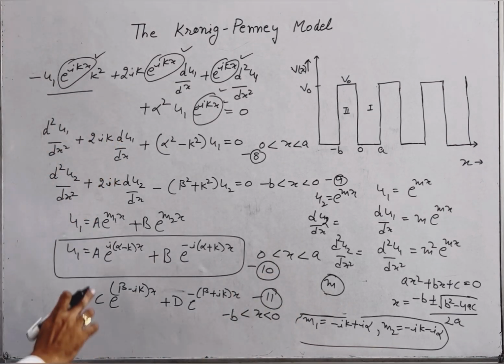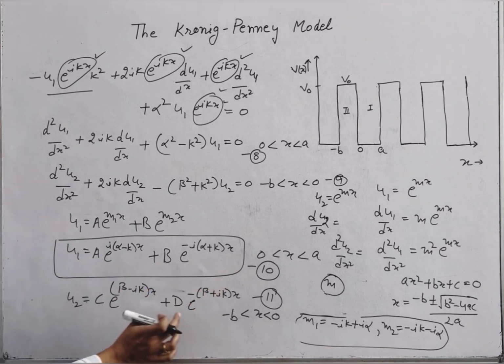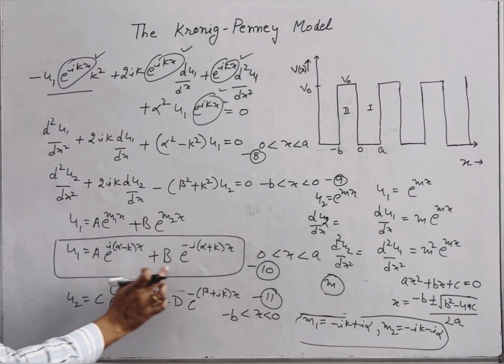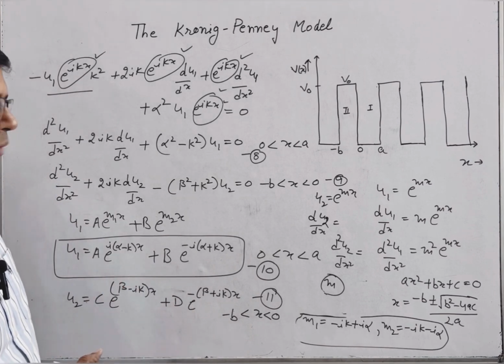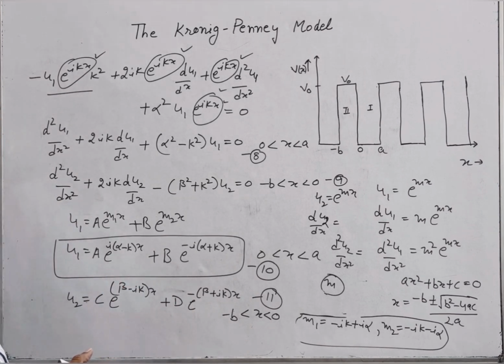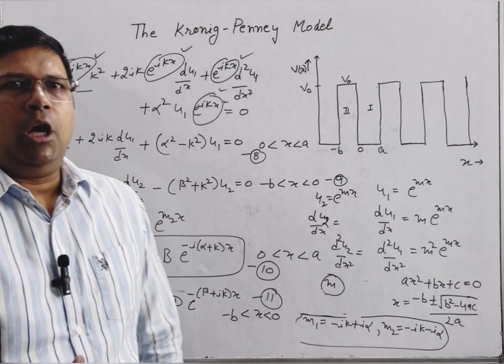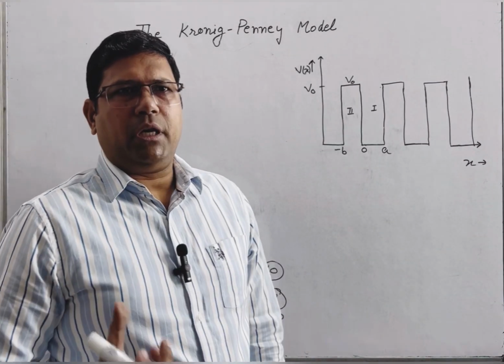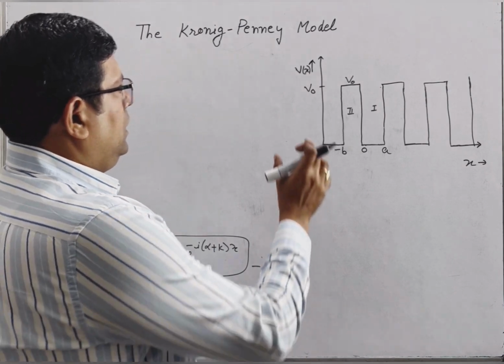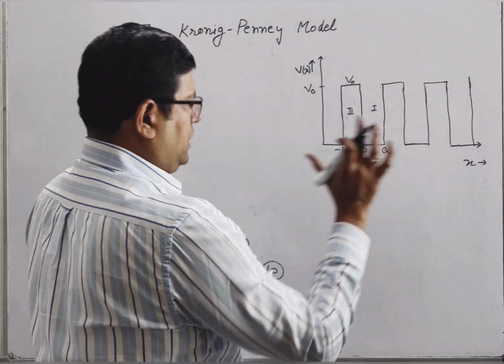Now in equation number 10 and equation number 11, a, b, c, d are constants, and the values of these constants can be found by applying the boundary conditions. We know from the properties of the wave function that the wave function is continuous everywhere.